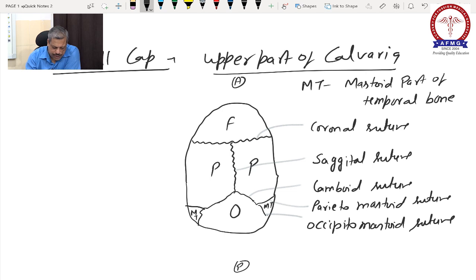One question here: the frontal bone is an unpaired bone, and between the two halves of the frontal bone, one suture is present in intrauterine life, and this suture is known as the metopic suture.